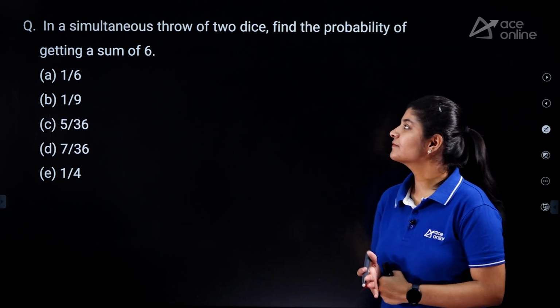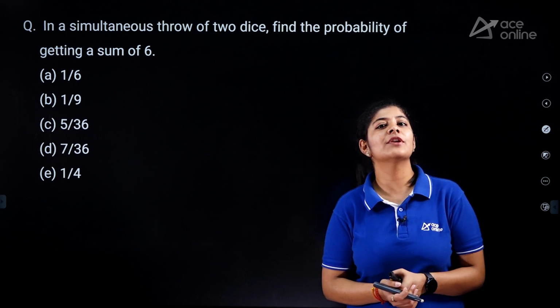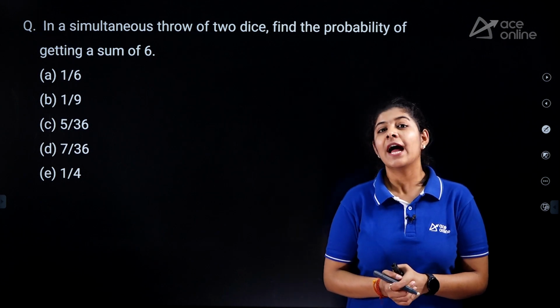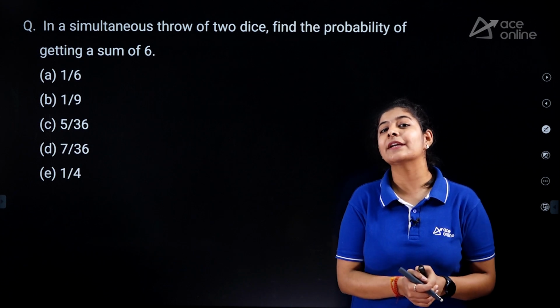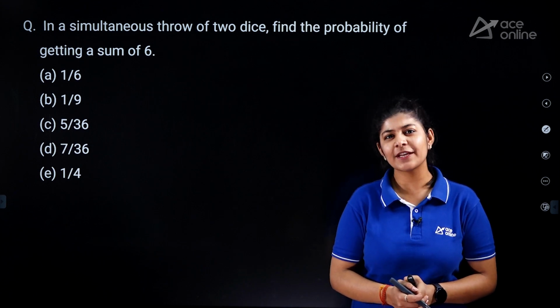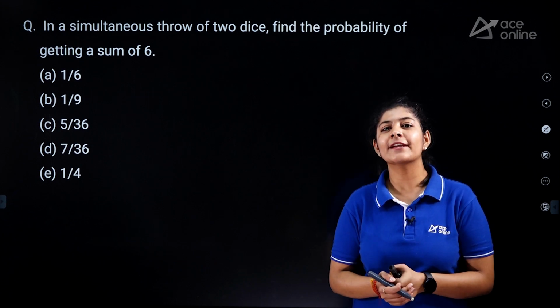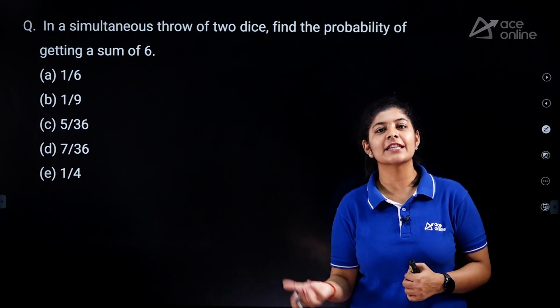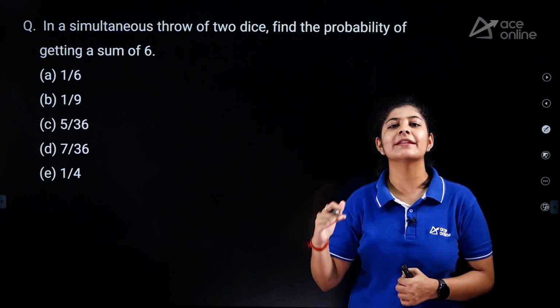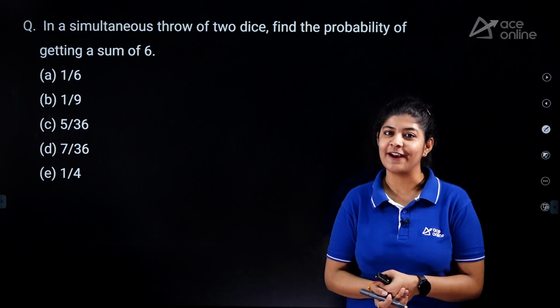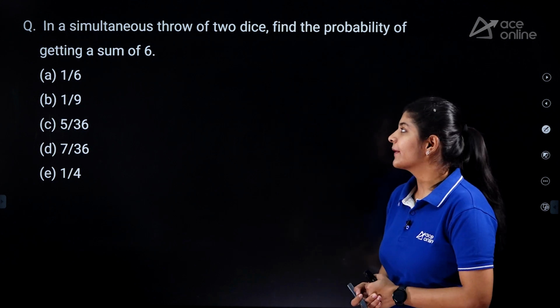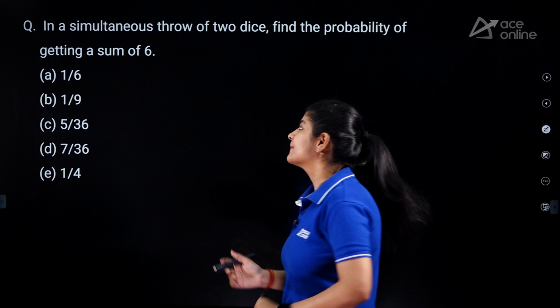First, you have to determine the sample space. And after that, you have to determine your favorable events, because we know that the probability of a certain event is nothing but the favorable events divided by the total sample space that we are having. Okay, now let's start solving this question.